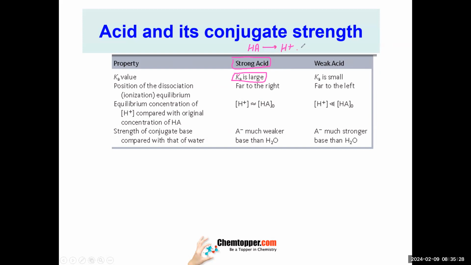On the side of the product, far to the right. This is called ionization or dissociation, the equilibrium constant. We are okay with these things? These are multiple choice questions, MCQs.